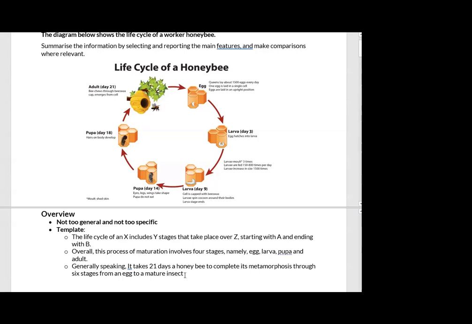That's it. It takes 21 days for a honeybee to complete its metamorphosis. Another construction would be like this. It takes a honeybee 21 days to complete its metamorphosis.